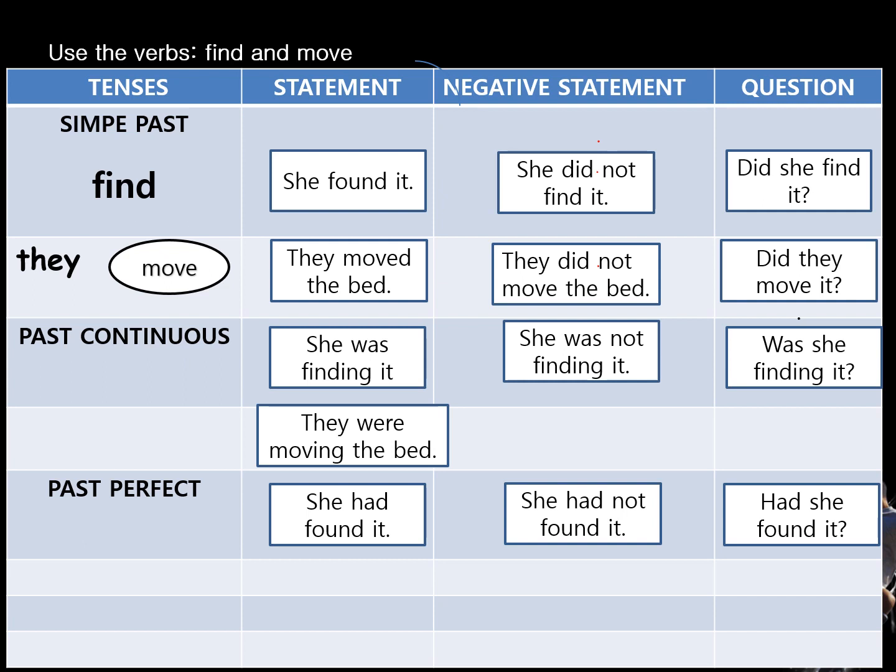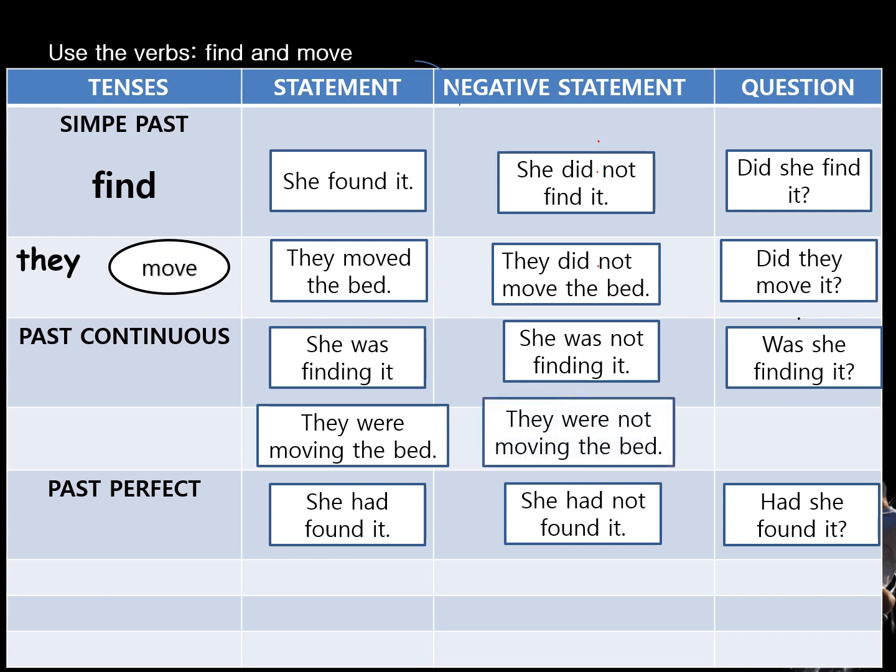If the subject is plural, we use the auxiliary verb or the helping verb were plus the verb in its ing form. So in here, we have were moving as the past continuous. Since the subject is plural they, we have to use the helping verb were. So they were moving the bed.